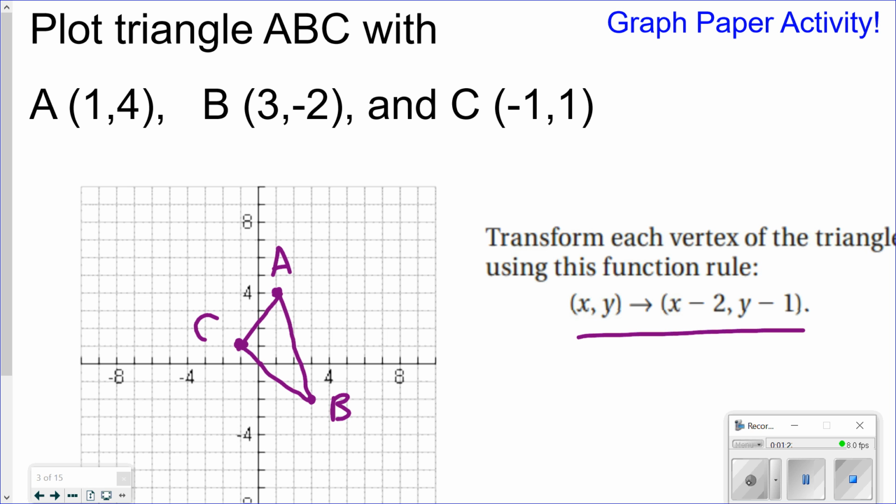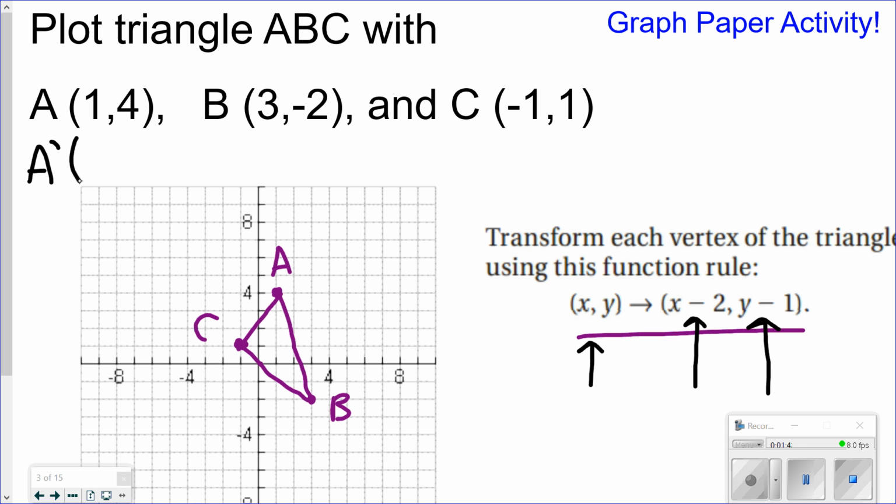All right, so looking at our rule, it's telling us that we're going to take our original coordinate (x, y), and to the x value I'm going to subtract 2, and to the y value I'm going to subtract 1. So let's look at our new A, and I'm going to call this A prime.